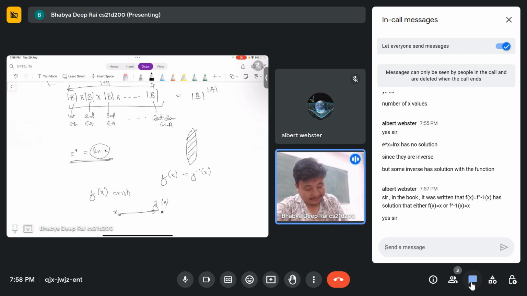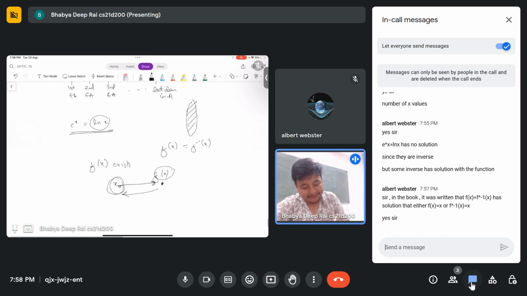Then obviously x should exist. So in such a case, a solution could exist. But if you are asking whether an inverse will also exist, x is simply the inverse.